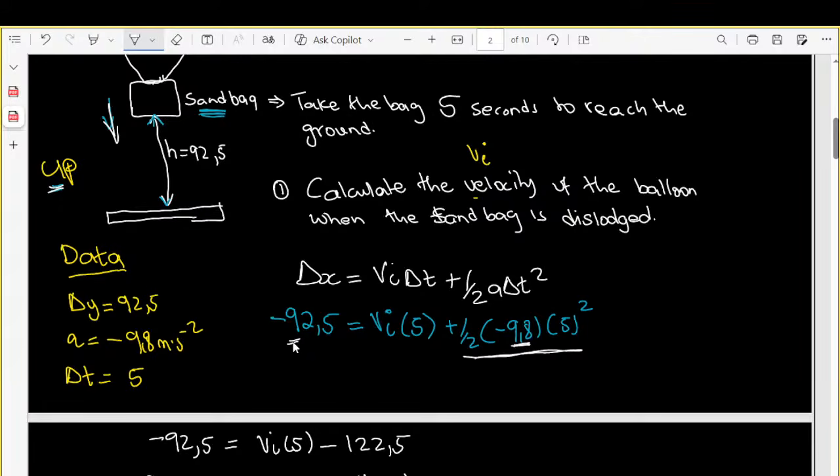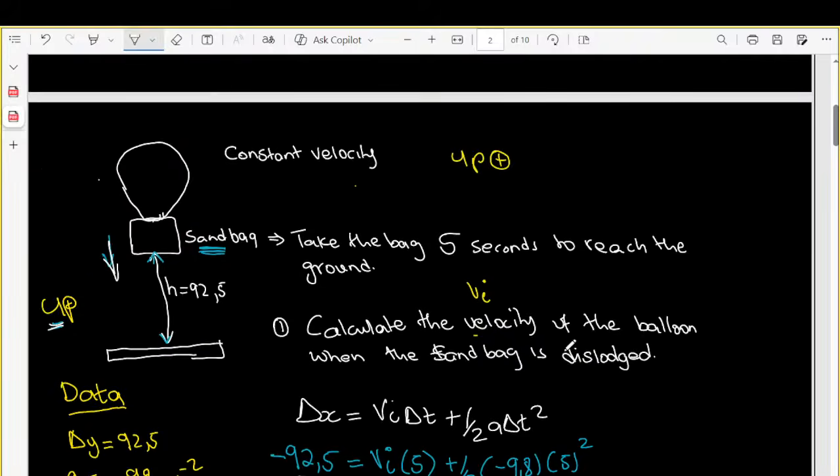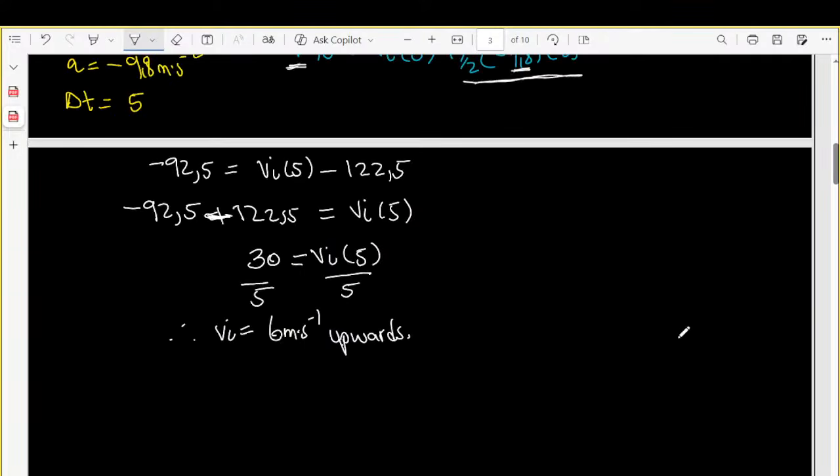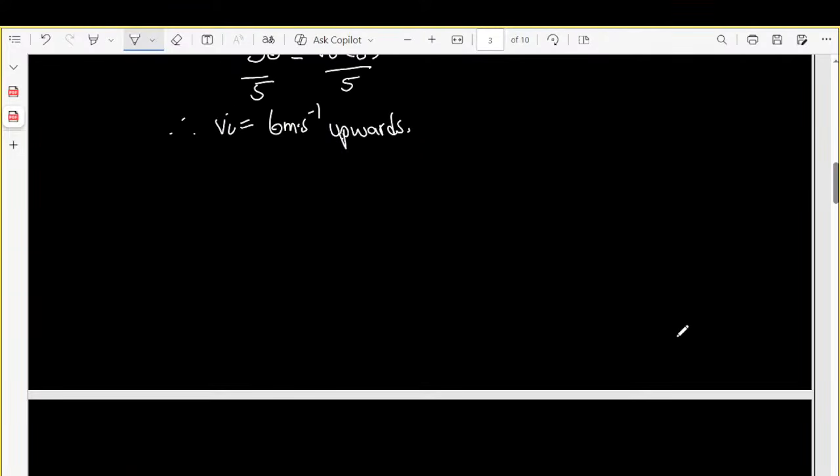Then the height, the displacement, will also be negative because we take up as positive. If you understand that part, you are good to go. You understand? Yeah. Okay, right. So now we know that this is what we have.